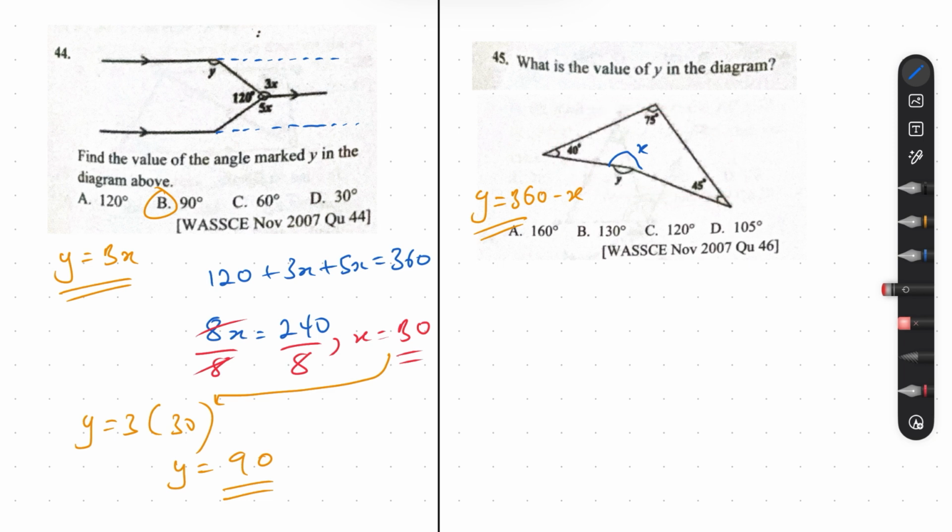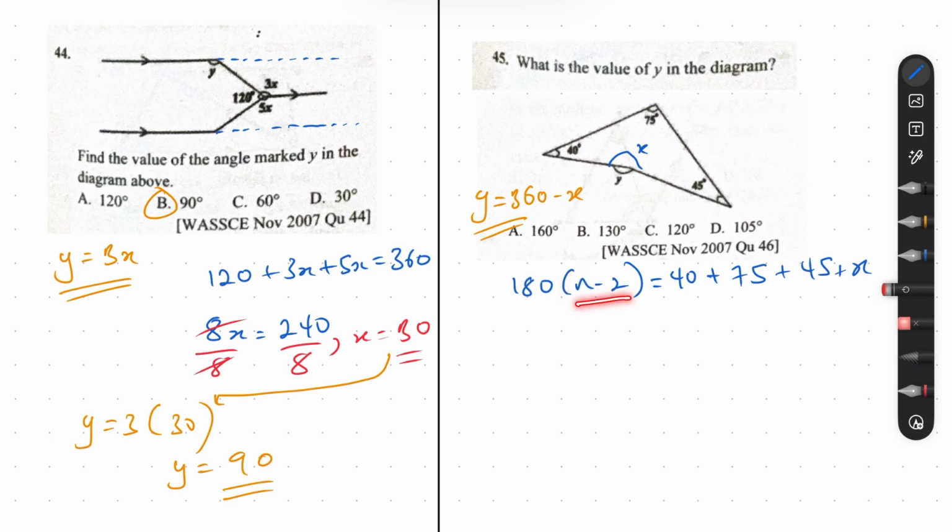So we can say that the sum of interior angles of a polygon, which we know the formula to be 180(n minus 2), will be equal to the sum of all the angles, which is 40 plus 75 plus 45 plus x. And we know that our n here is 4, because we have 4 sides: 1, 2, 3, 4.